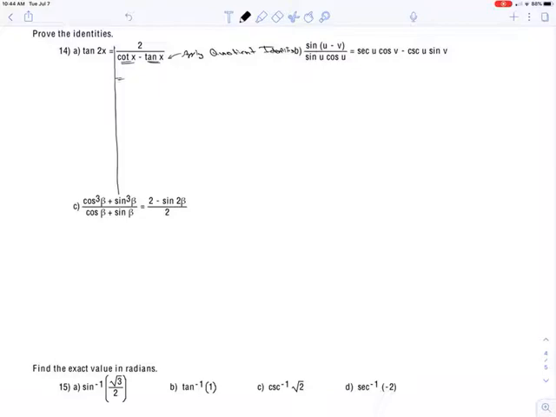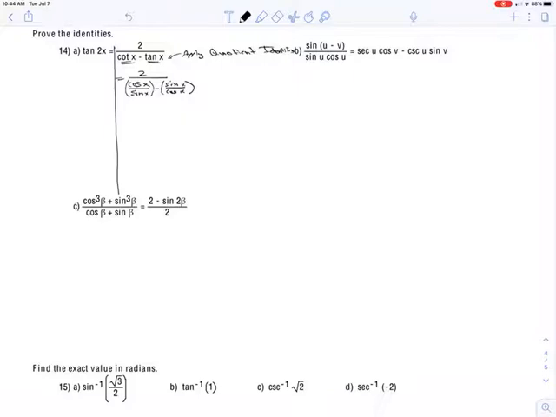So this is equal to 2 divided by, well, cotan is the same thing as cosine x divided by sine x. And we know that tangent, applying the quotient identity, is defined as sine over cosine.